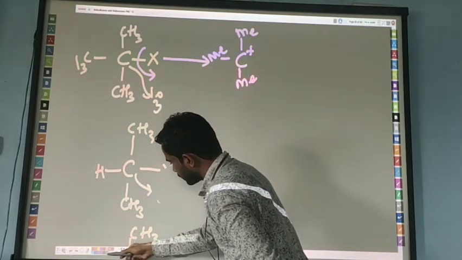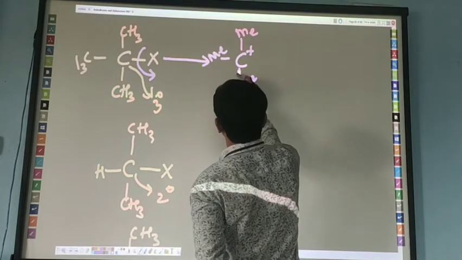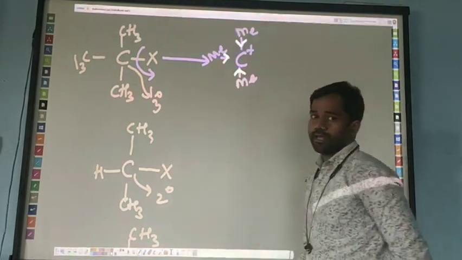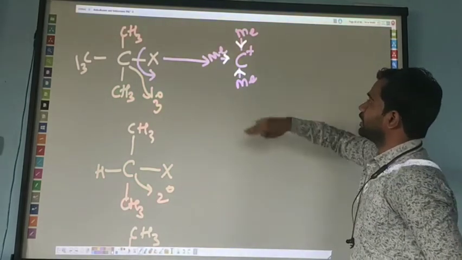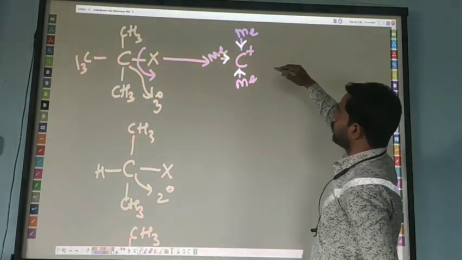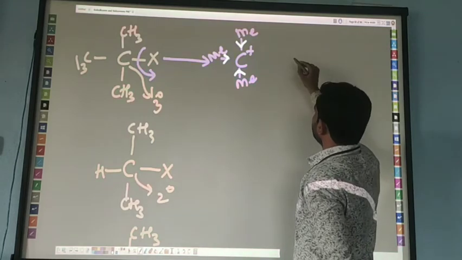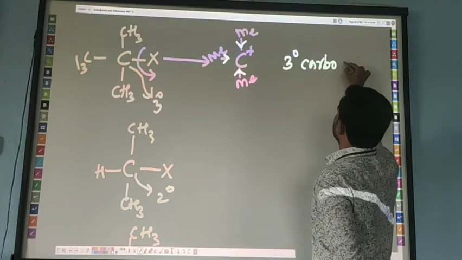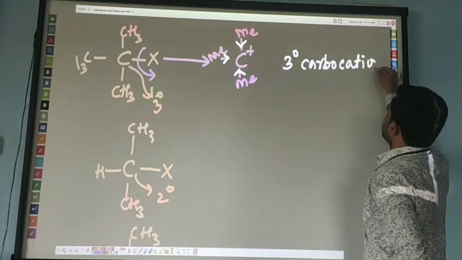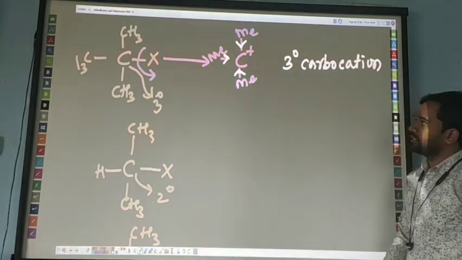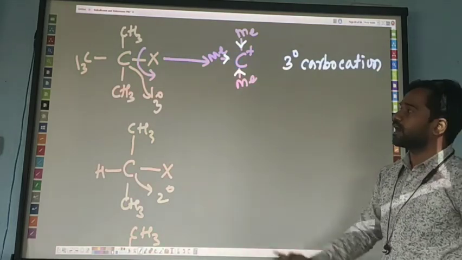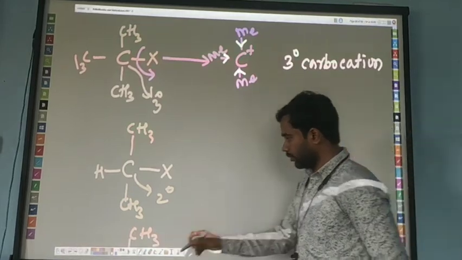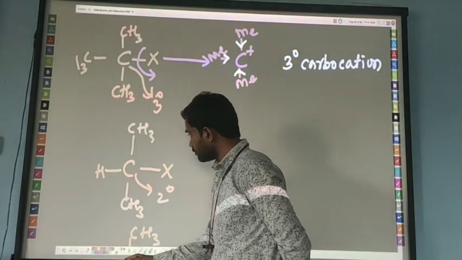The carbocation is supported by the 3 electron donating groups present around it. That's why, as we already know, the tertiary carbocation is more stable, and it is highly reactive in the formation of the carbocation.